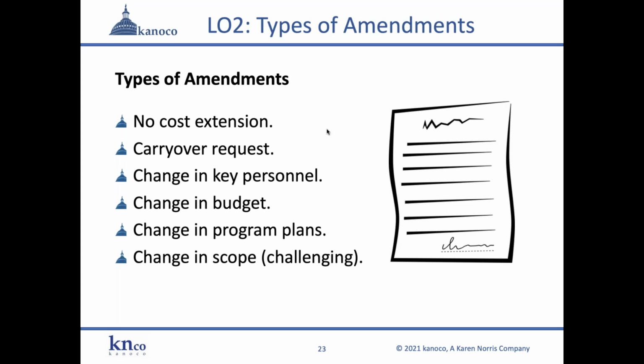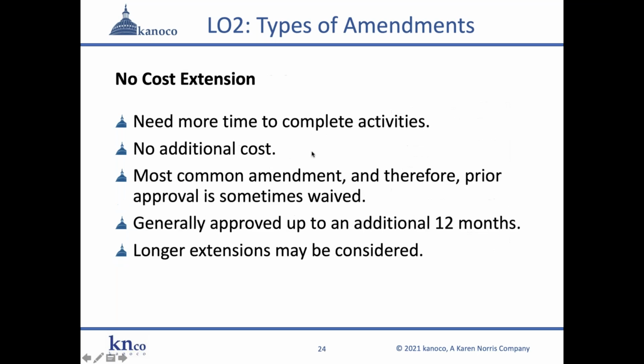Another common amendment is called a carryover request. A change in key personnel, change in the budget, change in program plans, and something called change in scope, which is very challenging to do. So we're going to talk about each one of these on the next few slides.